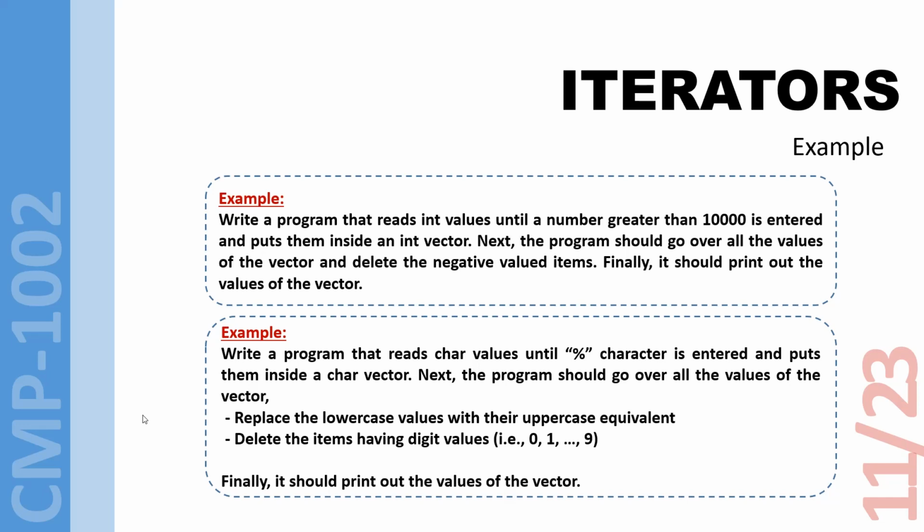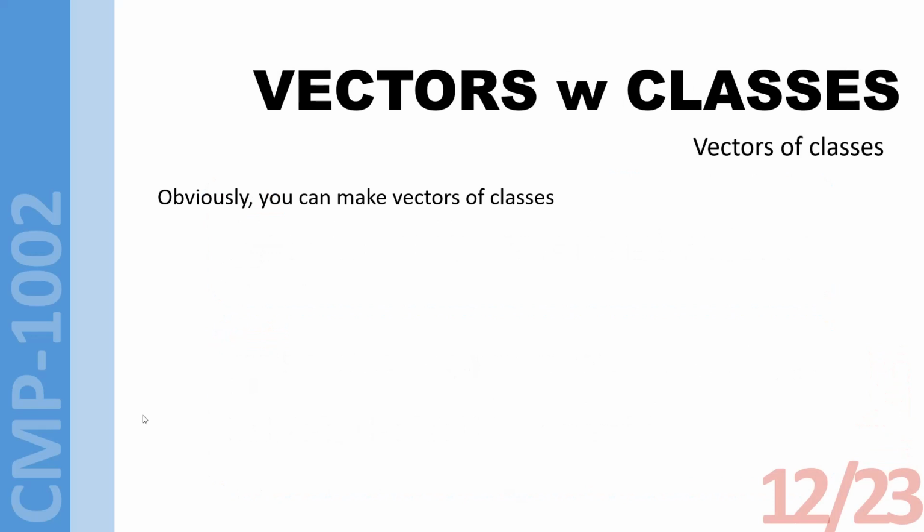All right? Okay. So far, we have been using the vectors with primitive types like integer, character, double, float, boolean. That's one way of doing things. And in many cases, you will like to use the vector for classes because this is a much more flexible array structure, and we also want to have arrays of classes, obviously.